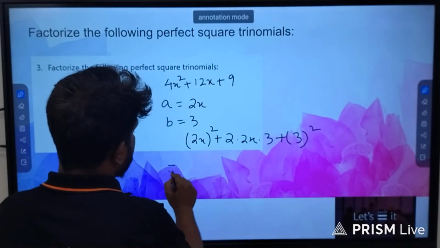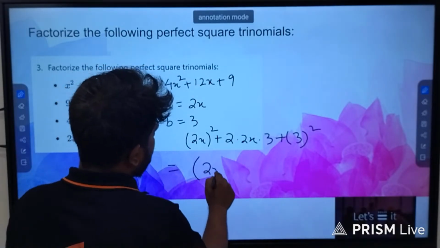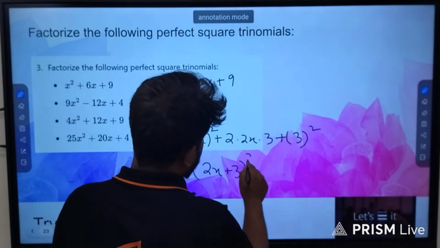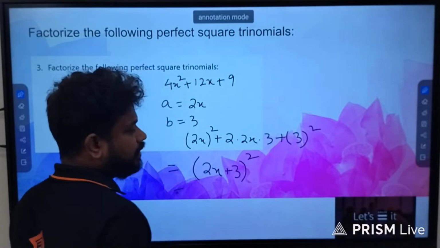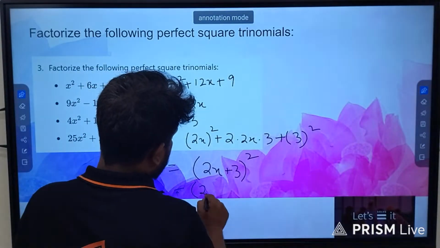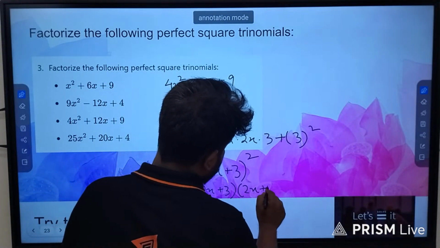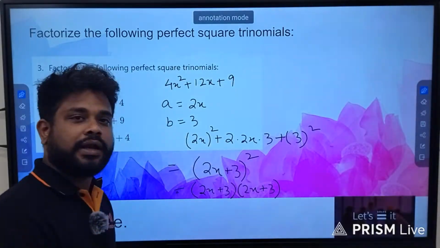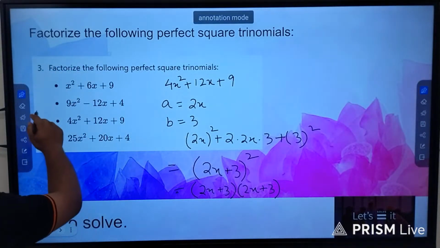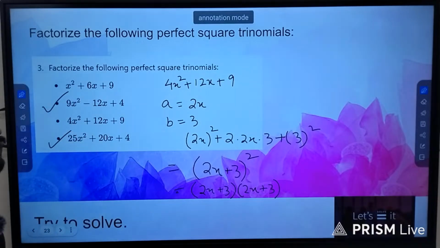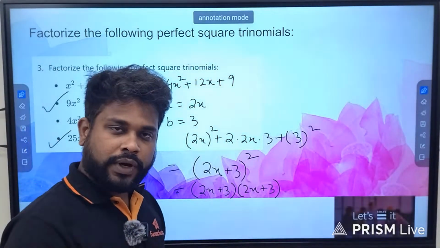So the final answer will be 2x plus 3 and its whole square. If I break it down, it will be 2x plus 3 into 2x plus 3. Okay, done. The rest of these two you can do by yourself.